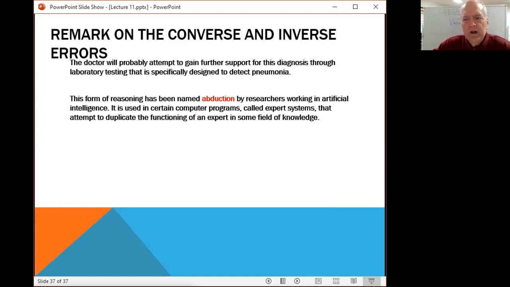But they make a diagnosis and then have to find corroborating evidence that increases the probability that they're right, because there's not a definite certainty in abductive reasoning.